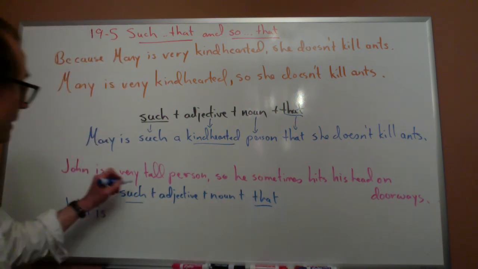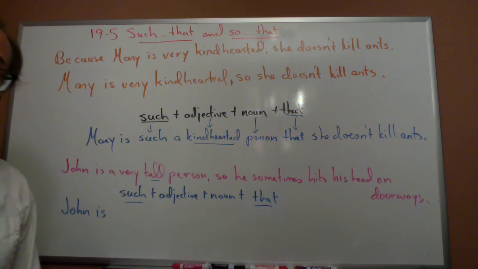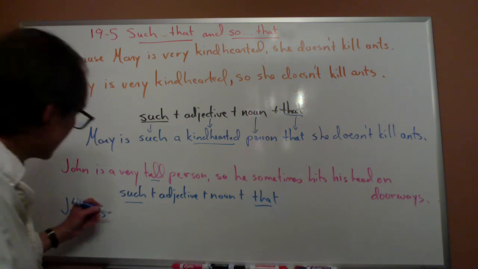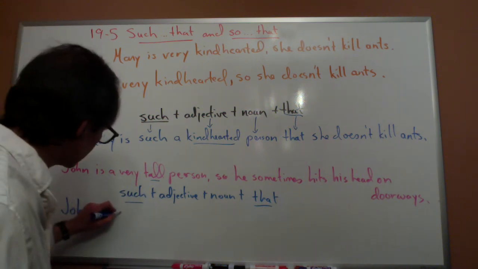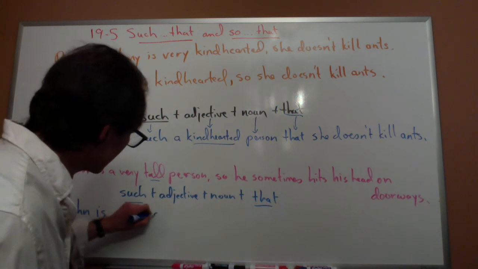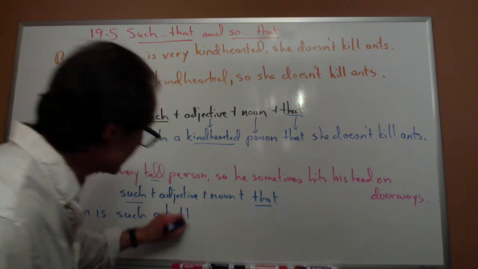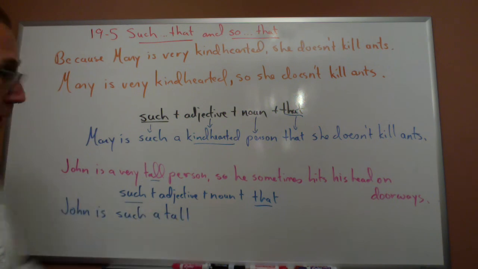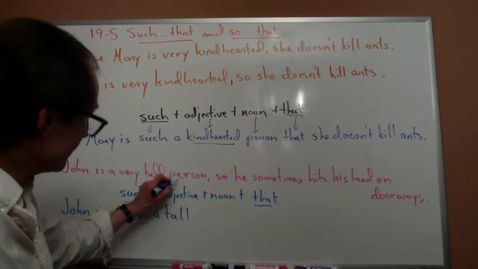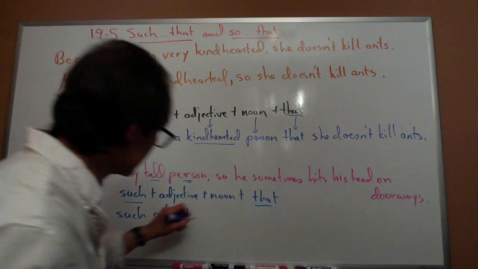So here, the adjective I'm using is tall. So I could say John is such, and I'd say a tall. I'll use a because I have this noun over here. And then the noun would be person.